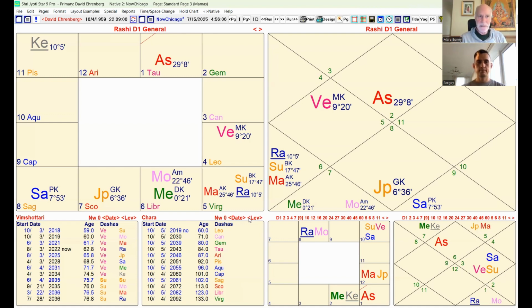I predicted the sub-period would happen, but mostly I want to establish the idea here that it's Venus, a natural benefic in the house, which is good for the house. Secondarily, though, it's the MK, so it can bring the indications of the fourth house, and it's the fourth house itself. So you can see all this combined made it very clear to me as to something that could happen during this time, and I made my prediction based on this.